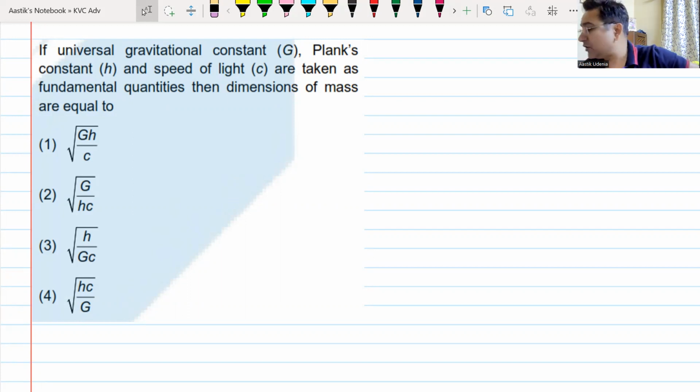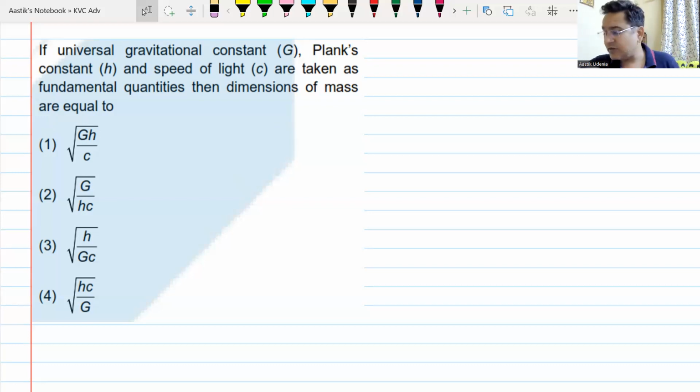Well, I always keep on saying that there are no shortcuts in life, but there are things that you can do using your head that might help you in solving the question faster. If you are taking so much time to solve a question of units and dimensions, that is not justified.